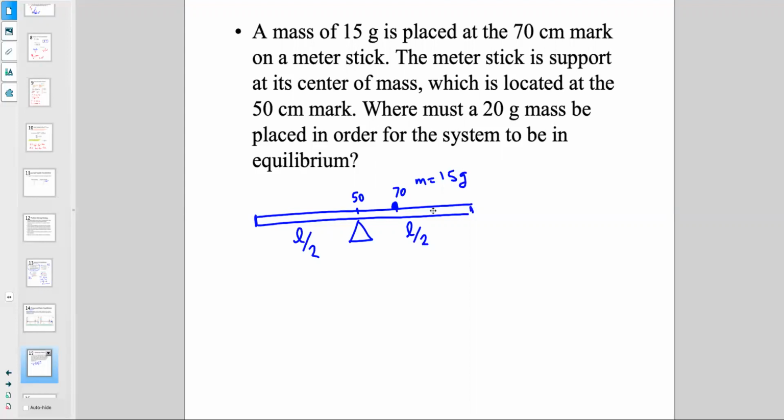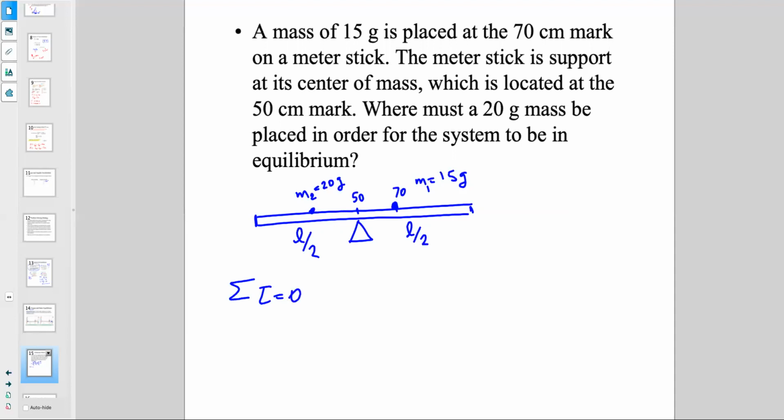Where must a 20 gram mass be placed in order for the system to be at equilibrium? Let's say that this is M2, 20 grams, but we don't know where we should put it. If we want equilibrium, all the torques in all the directions should cancel out.